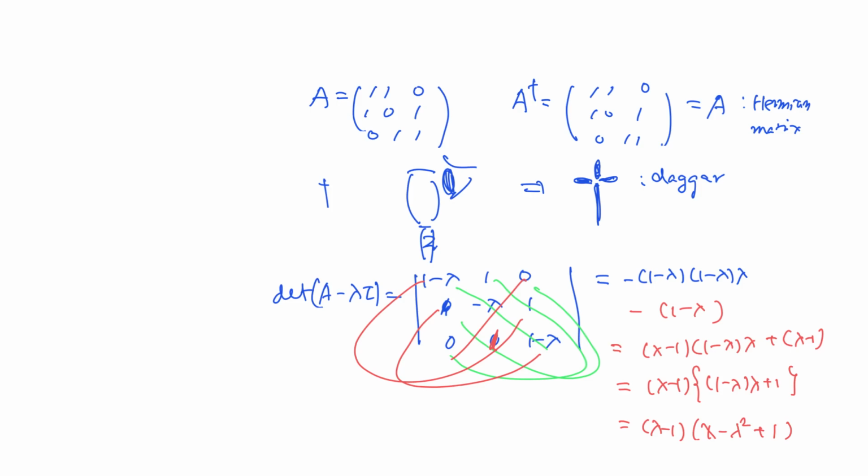Let me see. This one? Yeah? 1 minus lambda, 1, 1, lambda, 1. I think I made a mistake. Let's check.